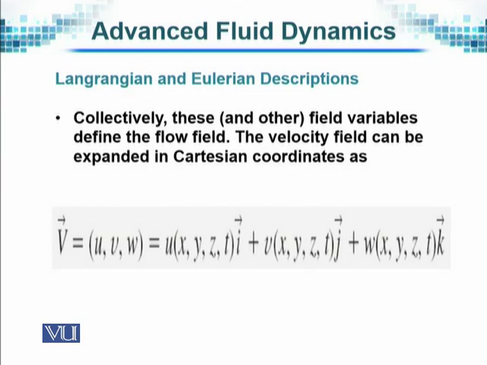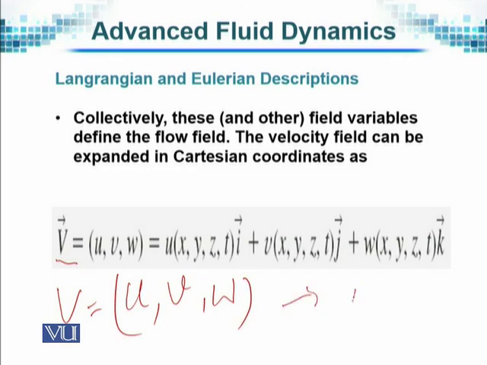The velocity field can be expanded in Cartesian coordinates as follows. If we write the velocity vector V as u, v and w, its three components, then u itself depends upon x, y, z and time in the x direction.